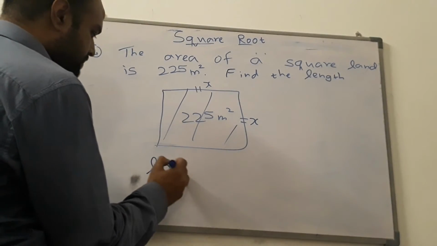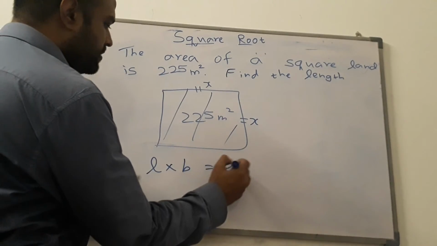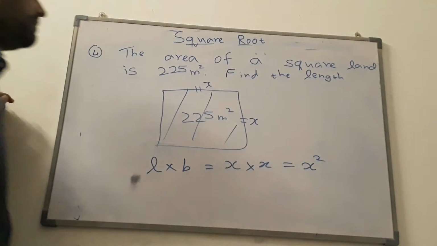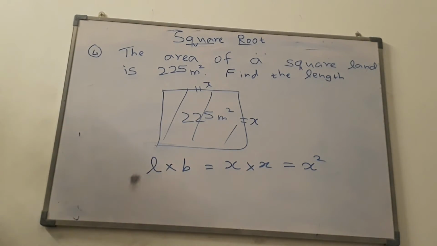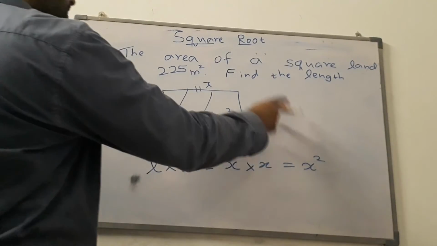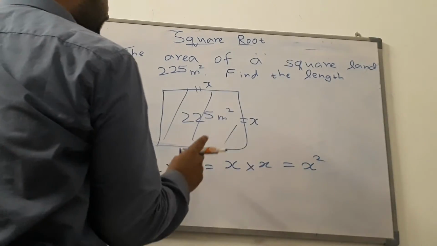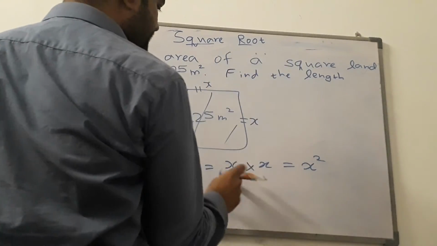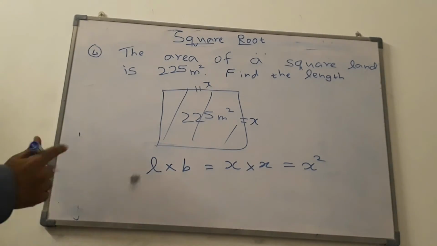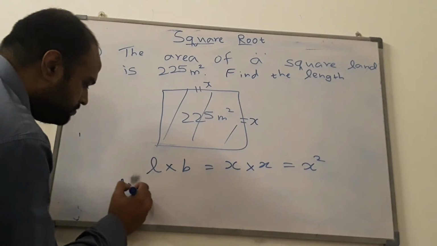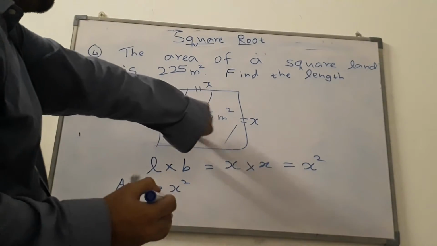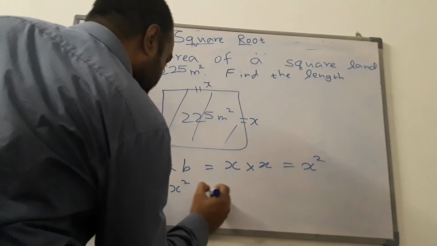Length times breadth is x times x, which is x square. So area is equal to x square, and we know the area as well, that is 225.